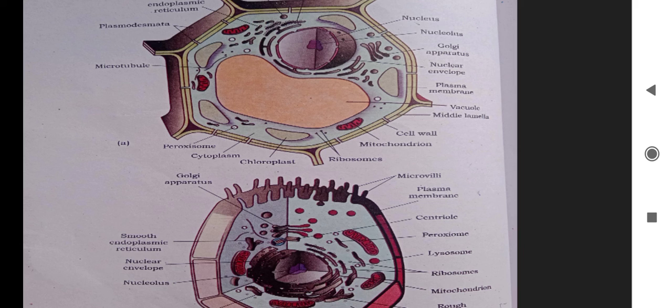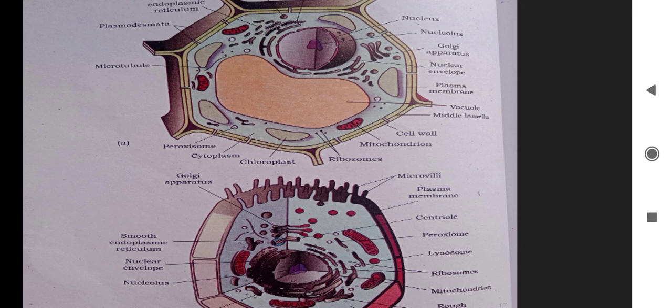In the animal cell, the cytoplasm is present. In the plant cell, the cytoplasm is also present. Ribosomes are present in both. Plastids are absent in animal cells, whereas present in plant cells. Next is chloroplast. Chloroplast is absent in animal cells, whereas present in plant cells.